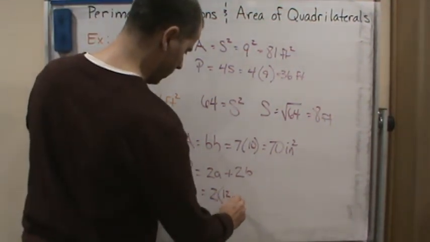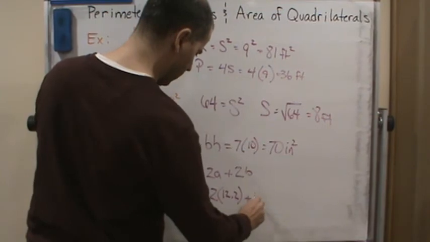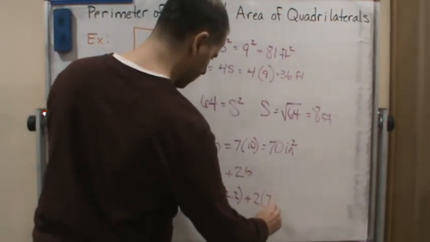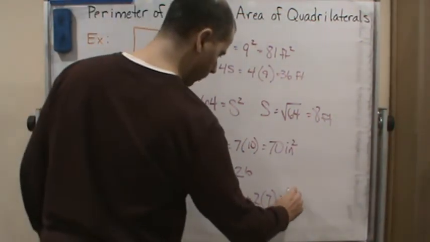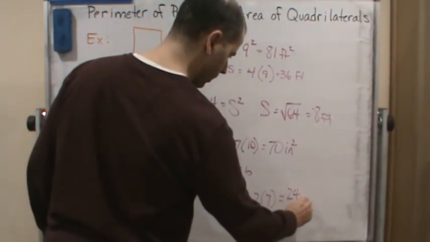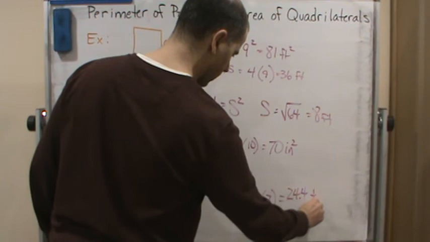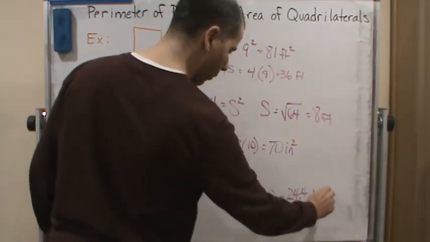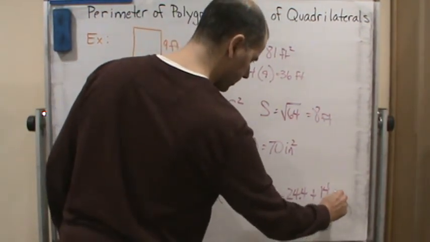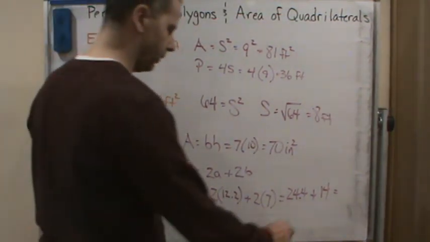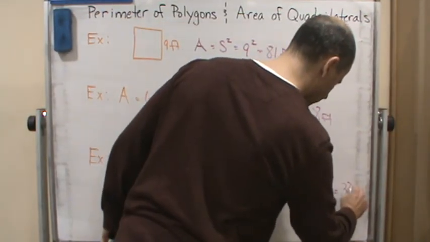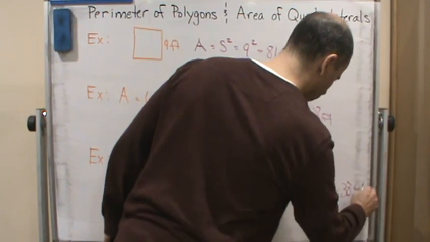So that's going to be 2 times 12.2 plus 2 times 7, which is going to be what? 24.4 inches plus 14 inches, which gives us a total of 38.4 inches.